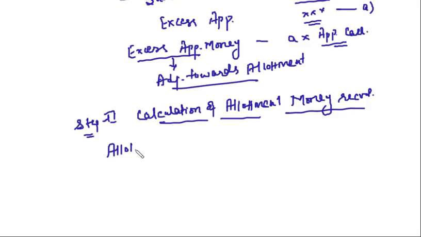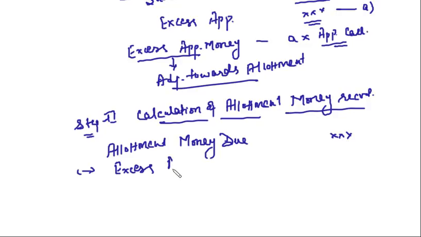For this you will say allotment money due minus excess application money adjusted.